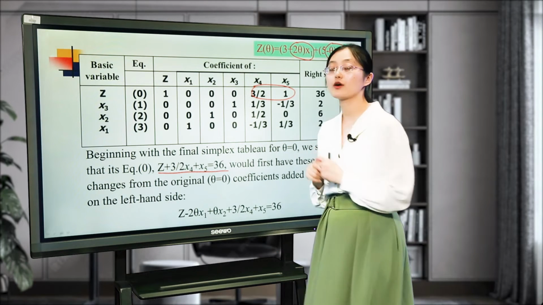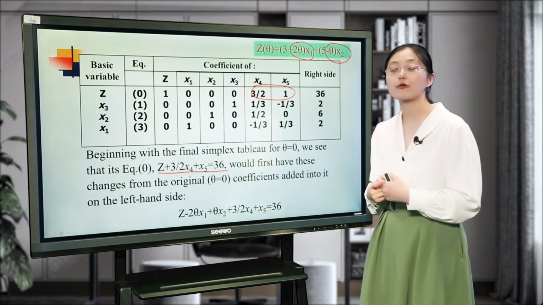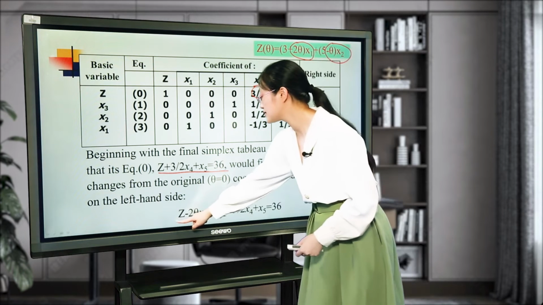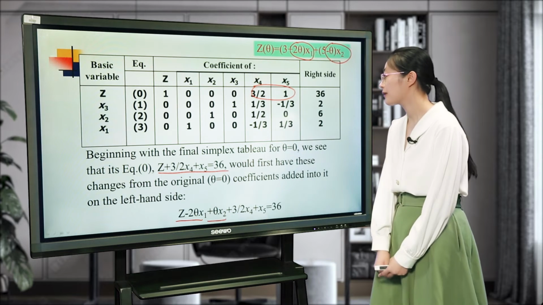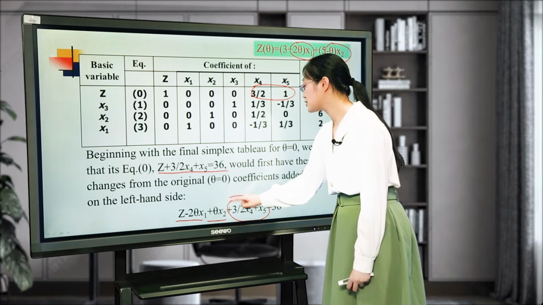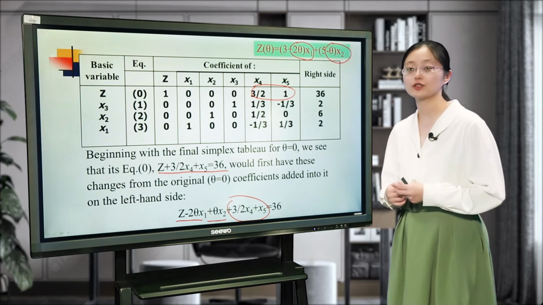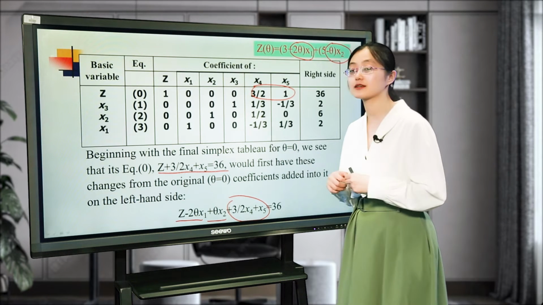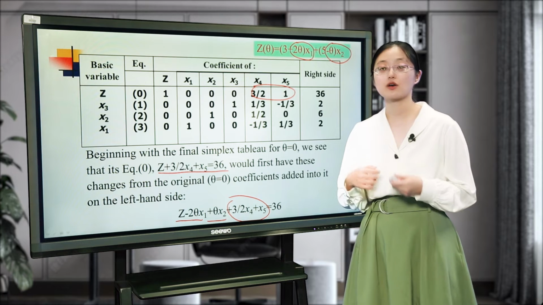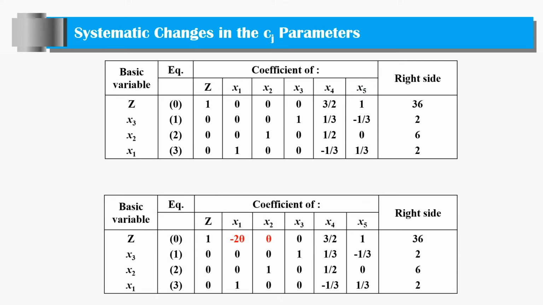So we move all the variables to the left-hand side and change our new objective function to Z minus 2 theta x1 plus theta x2 plus the rest as before. This is very similar to when we changed the coefficients of the non-basic variables as we saw in the earlier class. So now we're going to change the coefficients of the objective function in x1, x2 to negative 2 theta and theta.